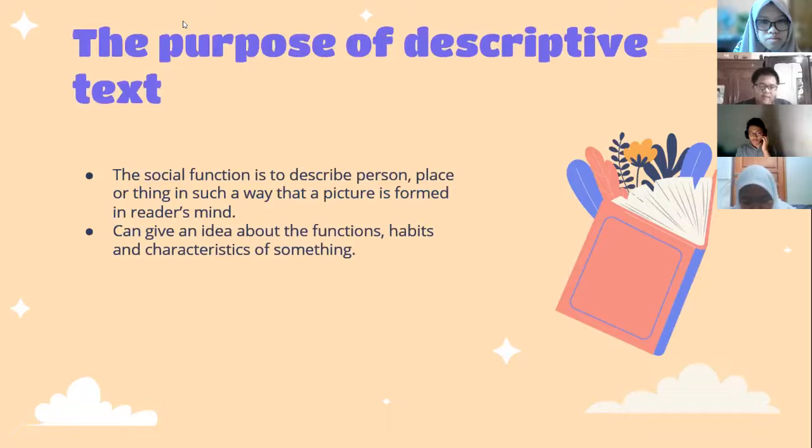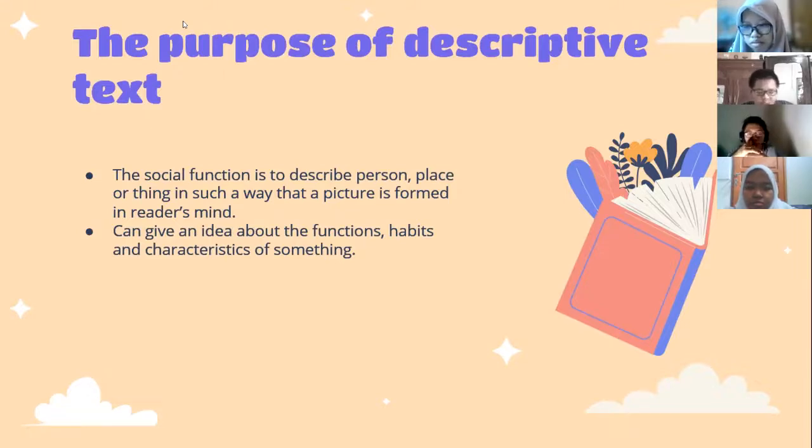And then the function of descriptive text is to give a clear idea what the thing looks like. In the first example, it can describe a dog. The descriptive text will also make you imagine as if the object is present in front of you.